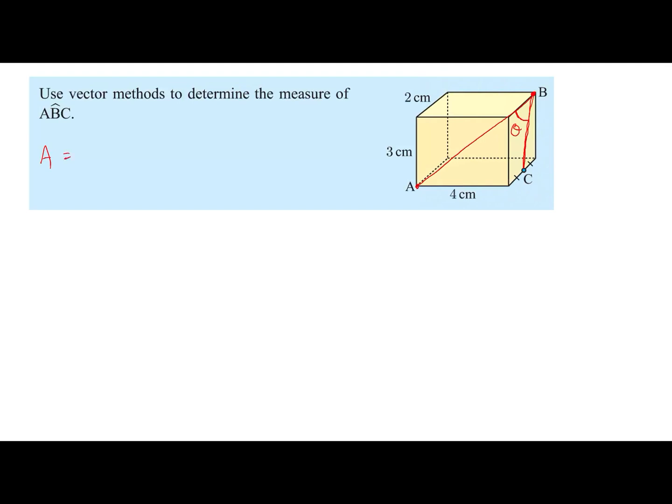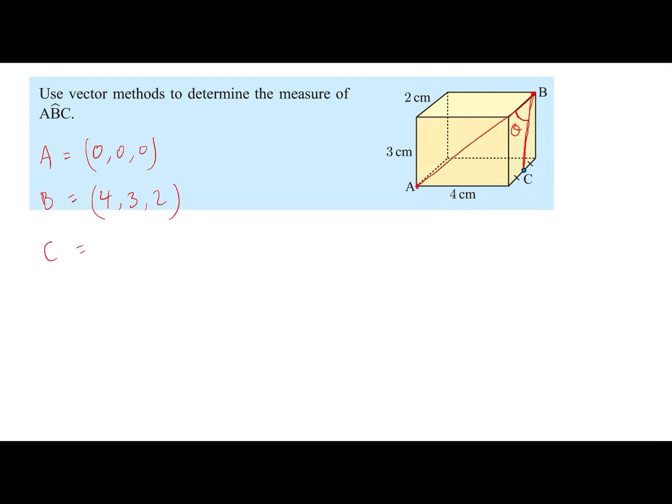First of all, we come up with an arbitrary point for A. We're going to let A be the origin, 0, 0, 0. Well, if that is the case, just looking at the dimensions we've got, B must be 4, 3, 2. So that's 4 along, 3 up, and 2 back.